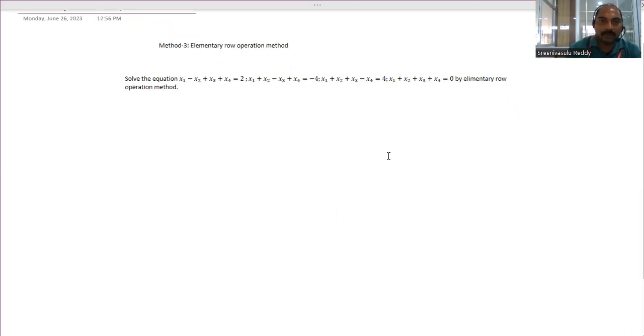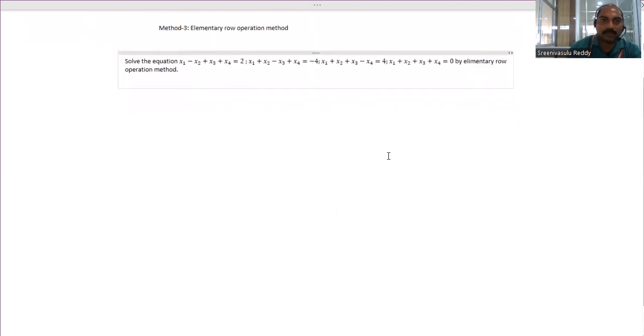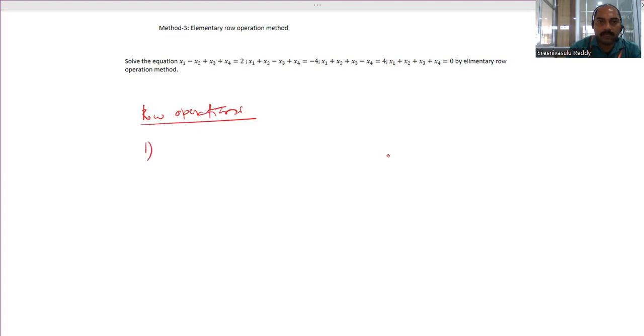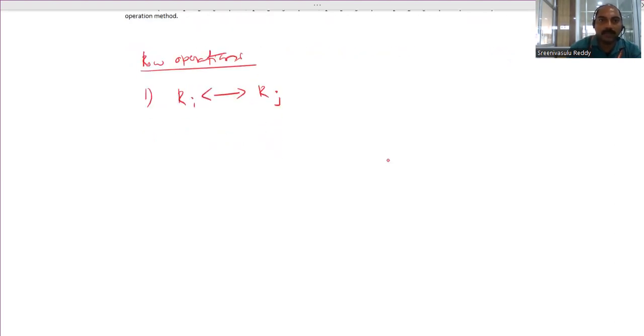Here you must remember the row operations; there are 3 row operations. Later we solve the problem because we need them. Similarly, we have column operations and row operations. The first row operation is that we can interchange any two rows, the ith row and the jth row. This is the first property.